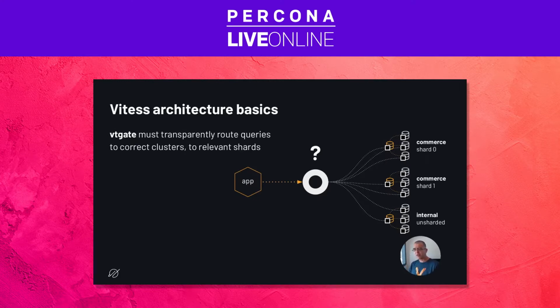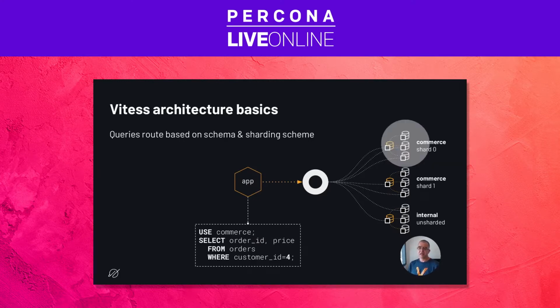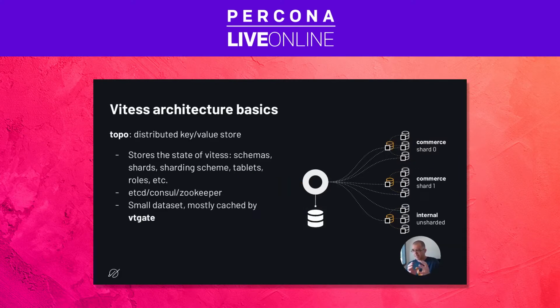Well, when the app connects to VTGate, it will use a specific schema. It will supply certain parameters, and based on that, we will route the query to the correct location. This meta information is contained in what we call global topo, which is like an etcd or a Consul or a ZooKeeper. That's like the stateful backend for Vitess, which contains all the information about the shards, the clusters, the sharding schemes, etc.